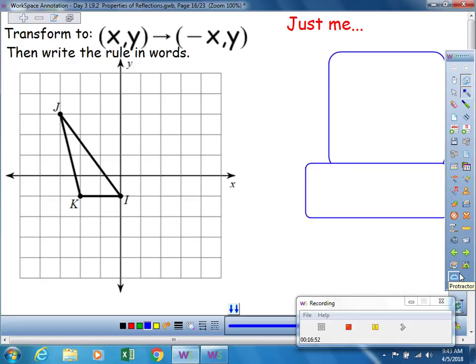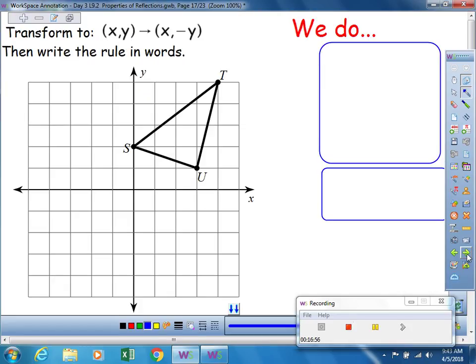Now, not this one. Let's look at this one. So on the back side, you have this one. Just write this algebraic rule on top.